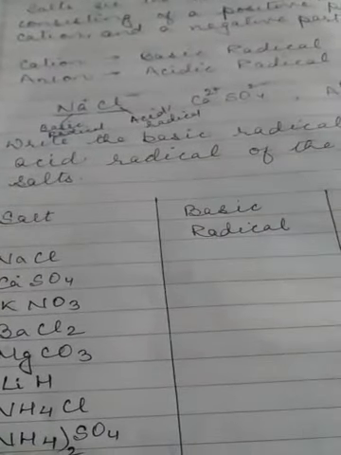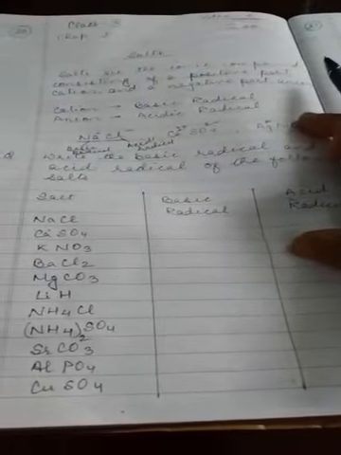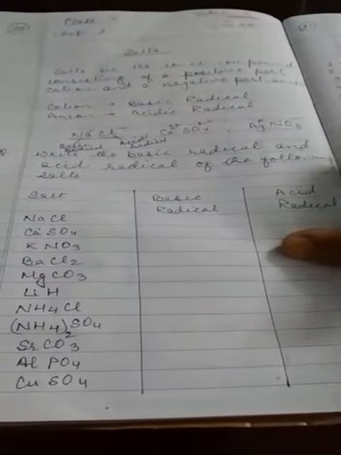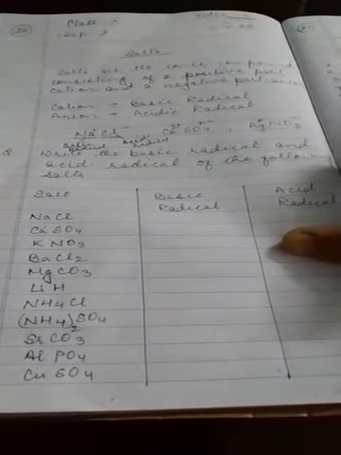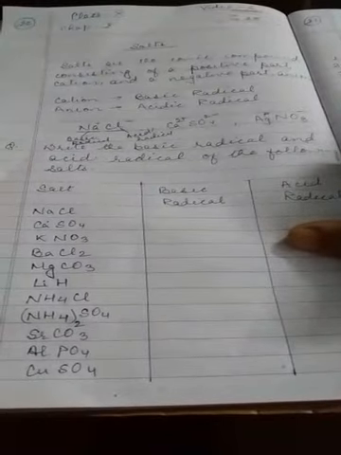Here is a question for you. Write the basic and acid radical of the following salts. There are some salts given in this table, and you have to write which one is the acid radical and which is the basic radical. First write the basic radical, then the acid radical.